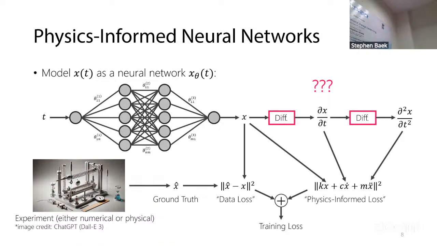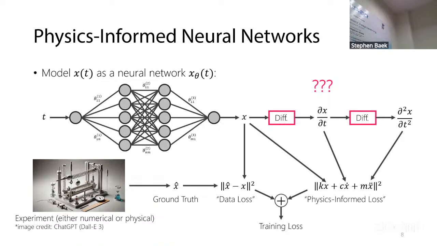So you probably noticed in my sample code that there was some number multiplied to the physics-informed loss. The bottom line is if you have too big of a physics-informed loss, then your model will not converge at all. For most differential equations, there's a trivial solution, which is not doing anything.